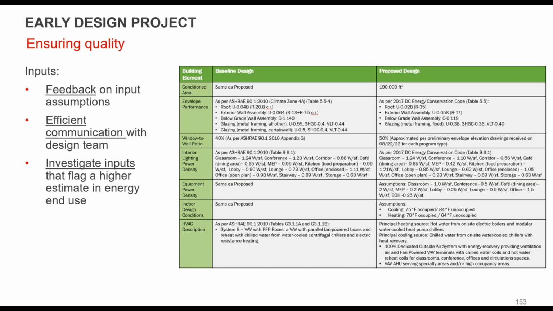You've got to be talking about all the assumptions, and that's what they are at this point: assumptions about what's being done. One of the things you'll also be doing is looking at inputs that may flag a higher estimate. If you're doing something that looks a little higher than traditional practice, then you may want to look at how sensitive the building is to that particular input.